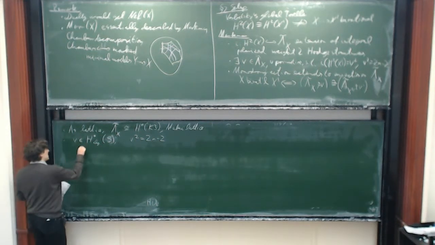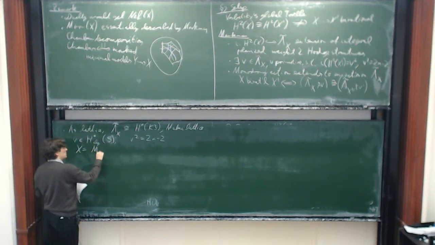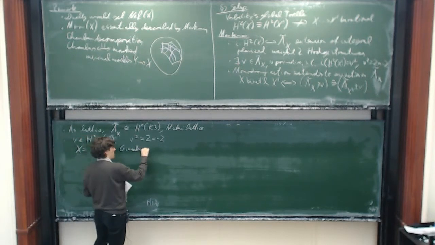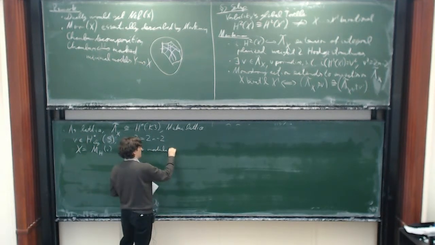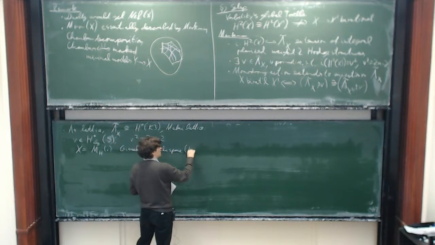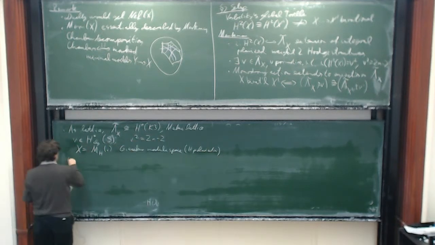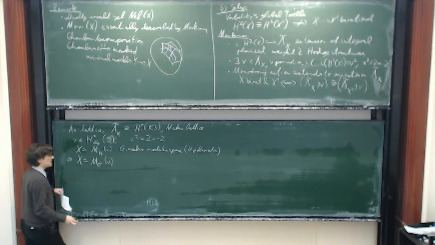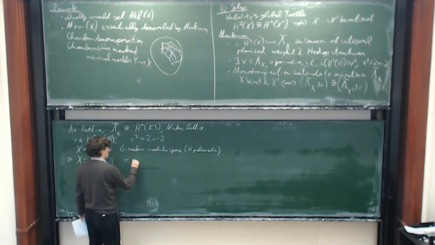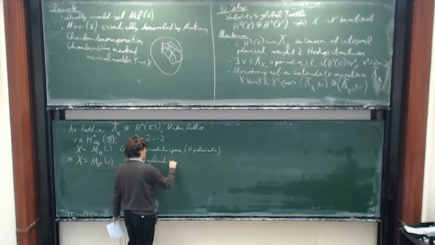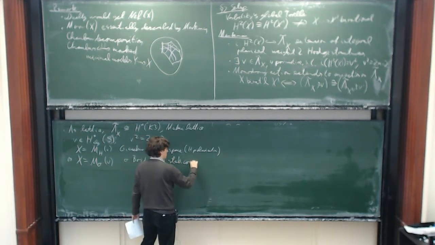And now if I set X to be equal to the Gieseker moduli space, where H is a polarization, or more generally a moduli space of Bridgeland stable objects, so sigma is a Bridgeland stability condition on S, and then M sigma of v is the moduli space of Bridgeland stable objects.